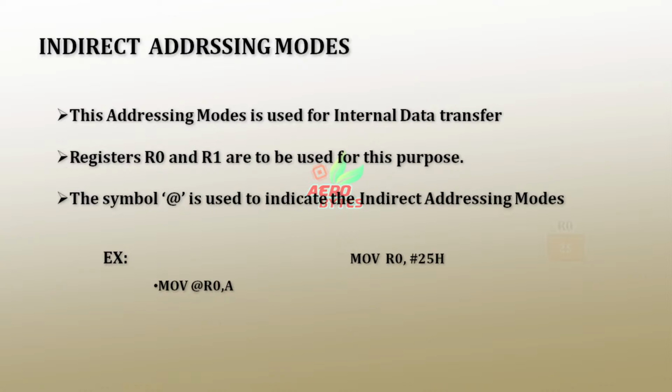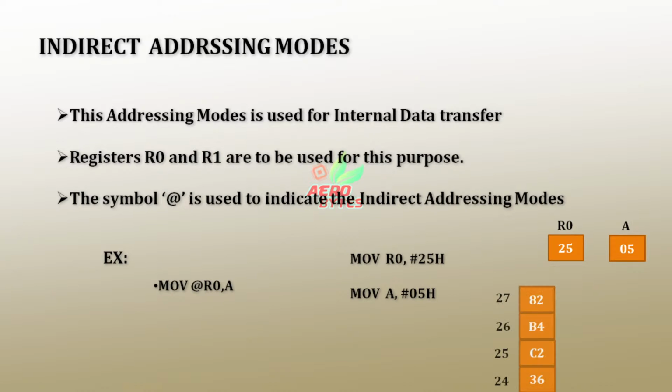MOV A, #05: the 05 value is transferred to the accumulator. Consider this listing table: the R0 value, 25, is taken as an address. In that address, the value C2 is changed to 05, the accumulator content, by MOV @R0, A.